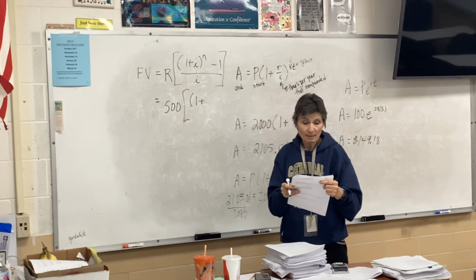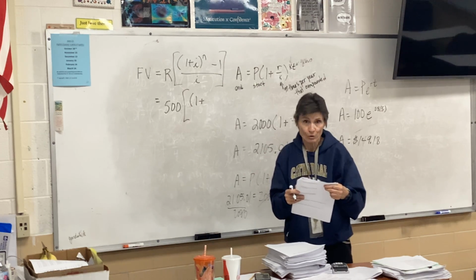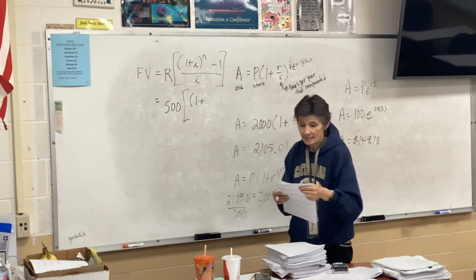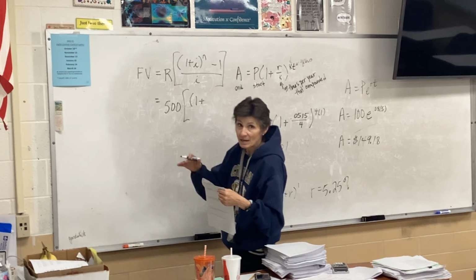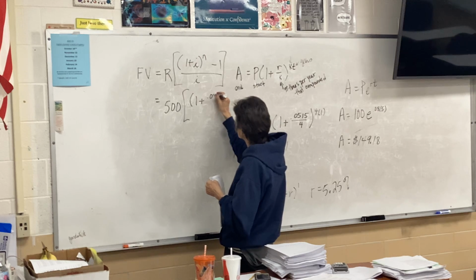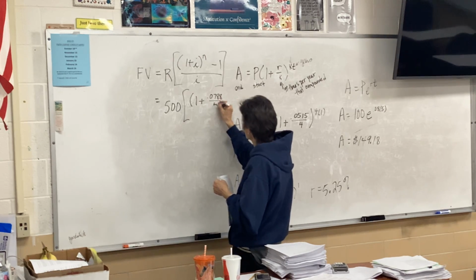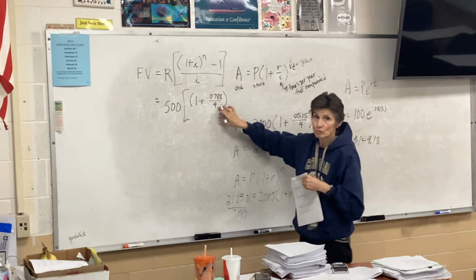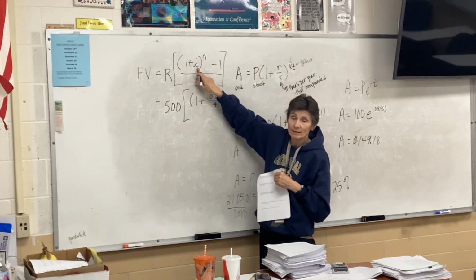So she is making a payment every quarter, and it's 7.88 annual, so we're going to take 0.0788 divided by 4. That is her interest rate. That is the I right here.